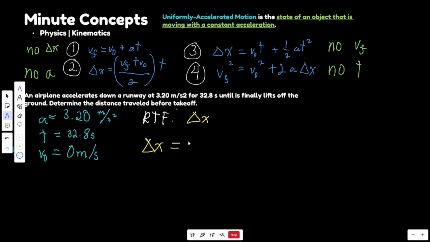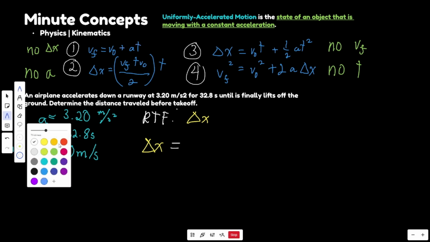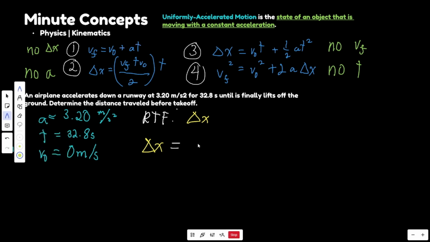v0, which is 0. Now I'll use the green pen. 0. Wait, that looks too much like yellow. Sorry. Okay. 0 times time, which is essentially just 0, so we'll just leave it at that, plus 1/2 acceleration, which is 3.20, times time squared, which is 32.8 squared.